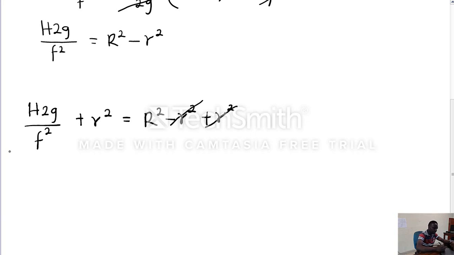So leaving us with 2hg over f squared plus r squared is equal to big R squared.